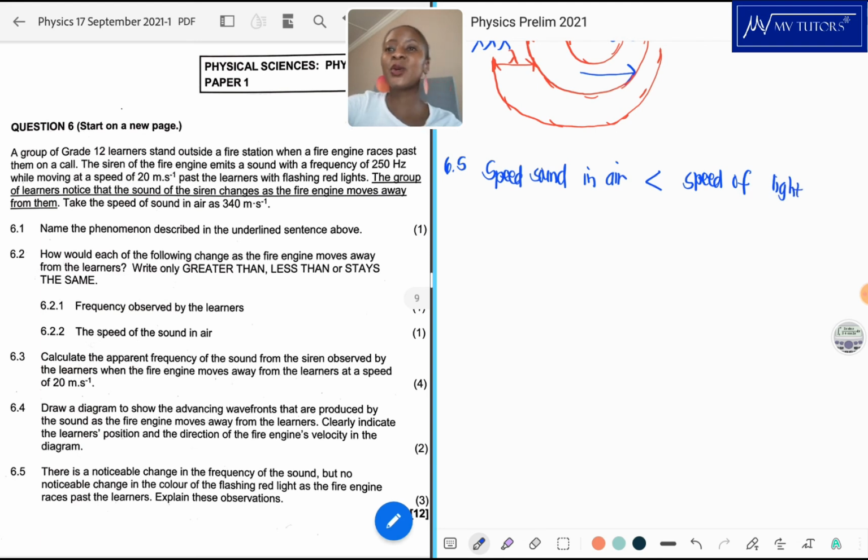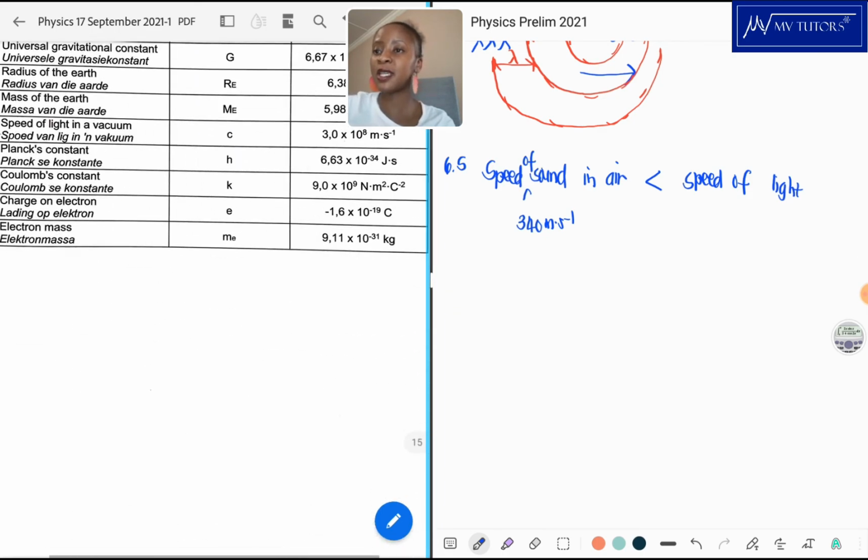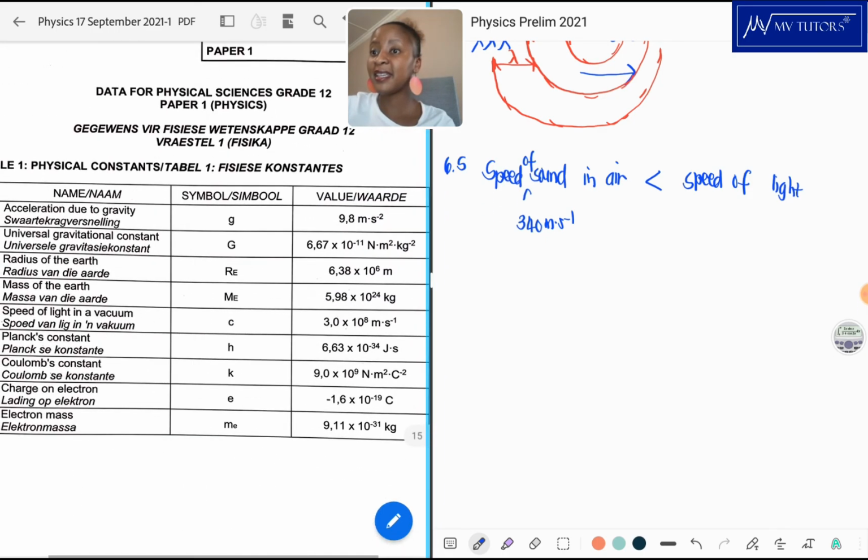The speed of sound in air, they gave it to us. It's like 340 meters per second. And the speed of light, I forgot it. I think it's that value c. Yep, it's like 3 times 10 to the power 8 meters per second.